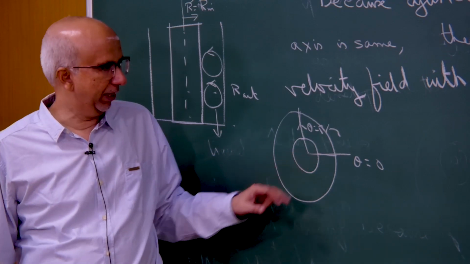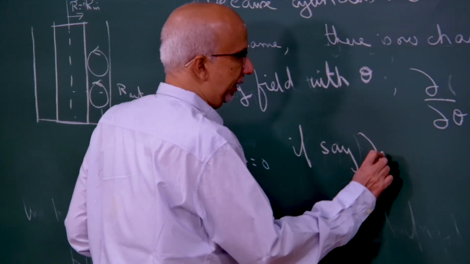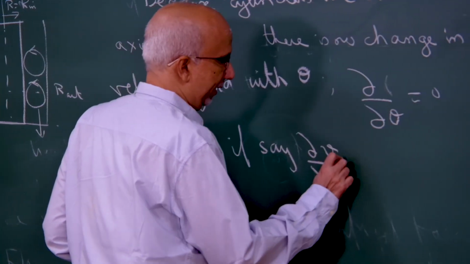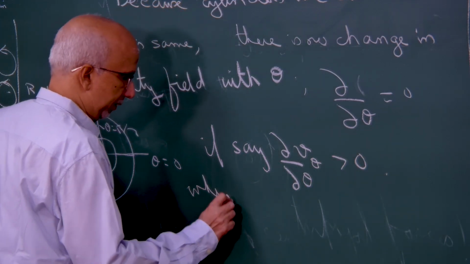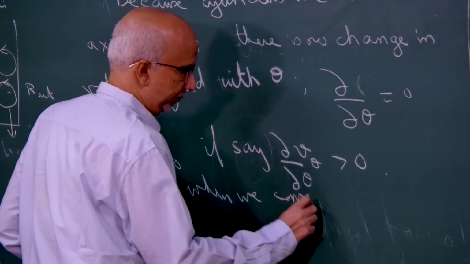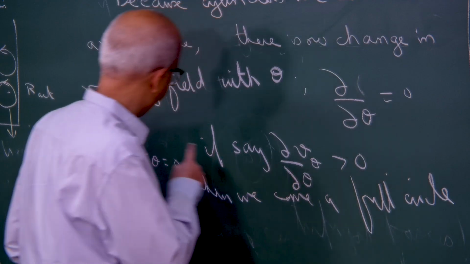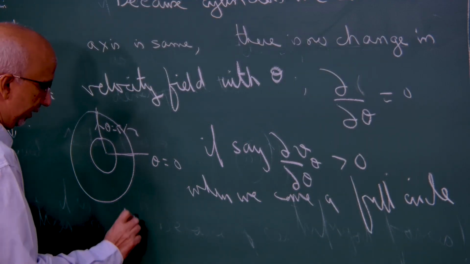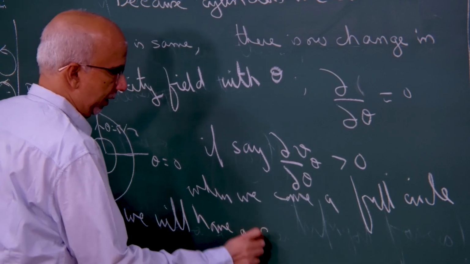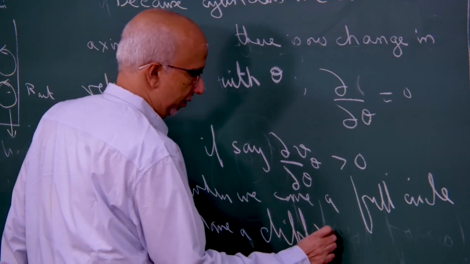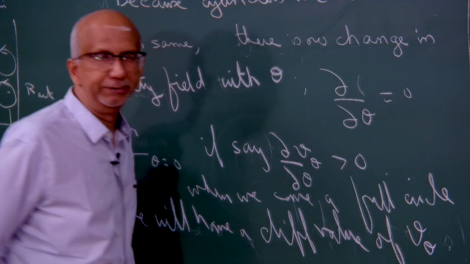So, if d by d theta of v theta is positive, then when we come a full circle, we will have a different value of v theta.